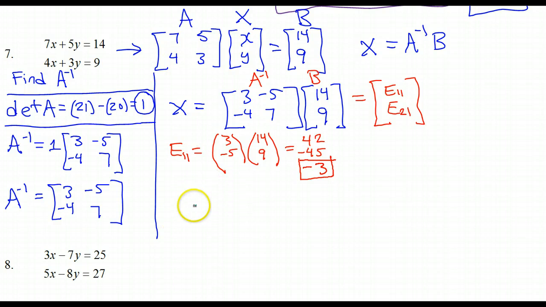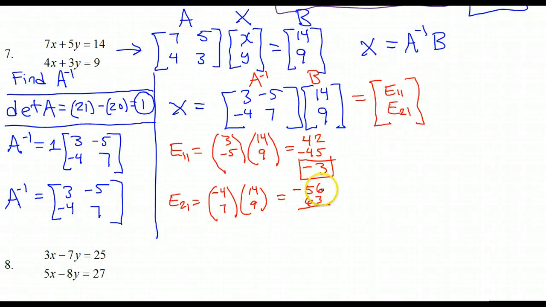And you know what, I think I'm just going to keep going and find the other element. So let's go ahead and do element 2, 1. So that's going to be row 2 times column 1. So that's going to be negative 4 times 7, and our 14 and our 9. So that is going to give us negative 56 and 63, which is 7. So these are the two elements.